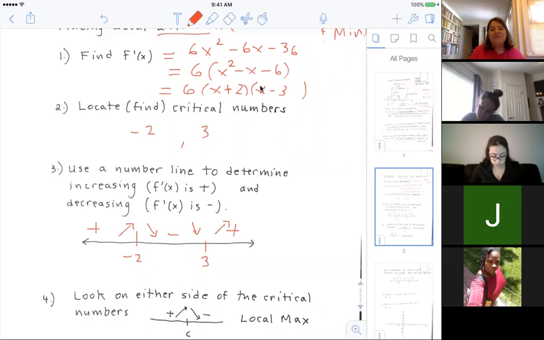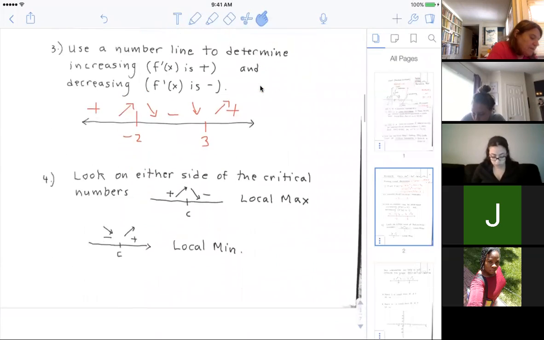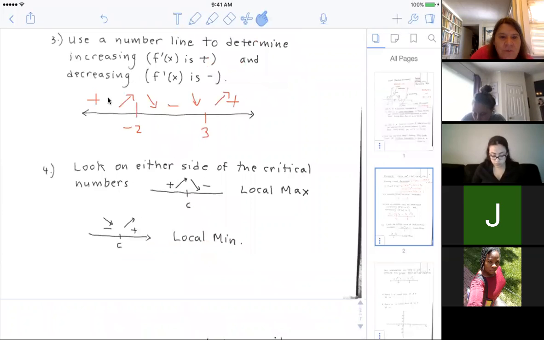I hadn't done anything different. You know what, though? I've got a new word for something I just did. Look at the way these arrows are pointing. This one's pointing up, and that one's pointing down. What do you think's happening at that spot? A local max or a local min? Well, it's going up, and then it comes down.